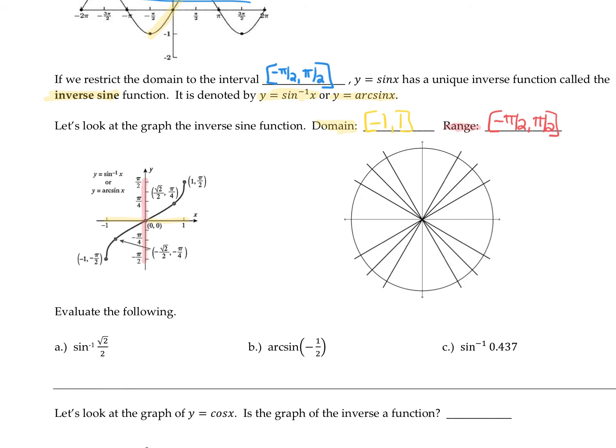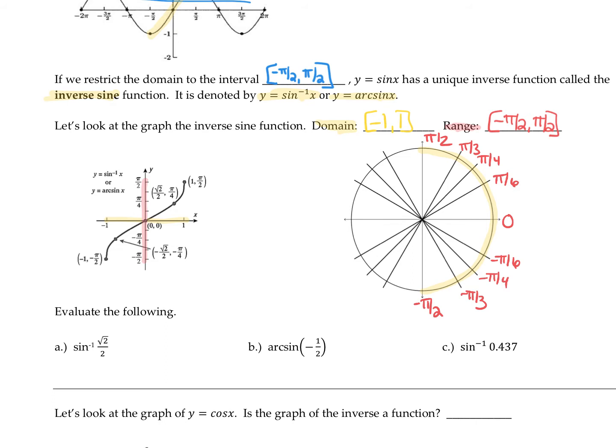So we're going to be using quadrants 1 and 4, but instead of using the quadrant 4 numbers that are in the normal unit circle, we're going to go from negative pi over 2 to pi over 2. So quadrant 1 is pi over 6, pi over 4, pi over 3. And now my quadrant 4 is going to be negative pi over 6, negative pi over 4, negative pi over 3, and negative pi over 2.